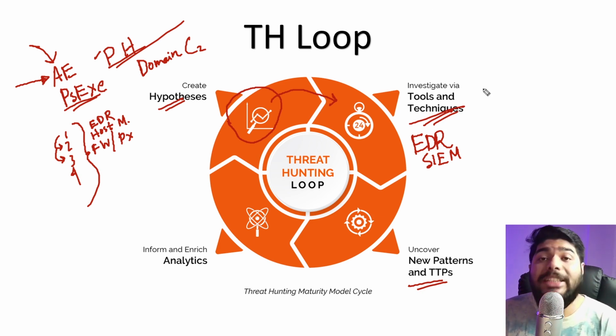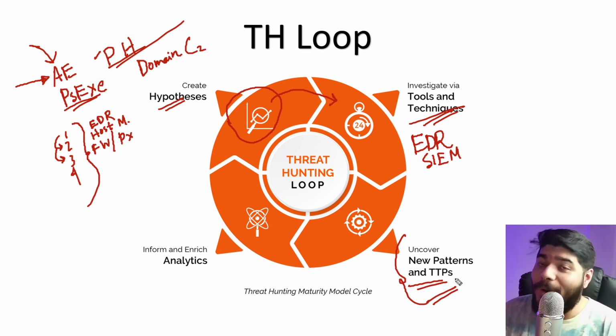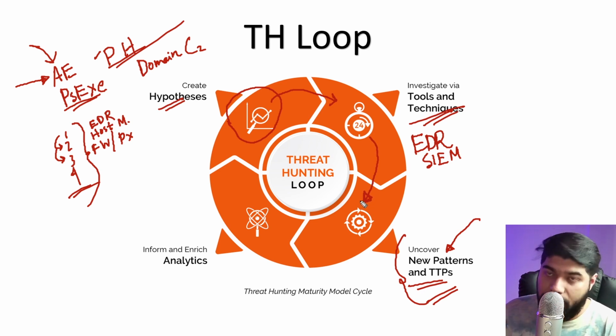So that is one technique they are using. Once you know that technique, what do you need to look for, and how can you map those things into your hypothesis? That's called new pattern or TTP identification. Once you create your hypothesis and map it to those tools and techniques, you identify the TTPs. That is your third phase.